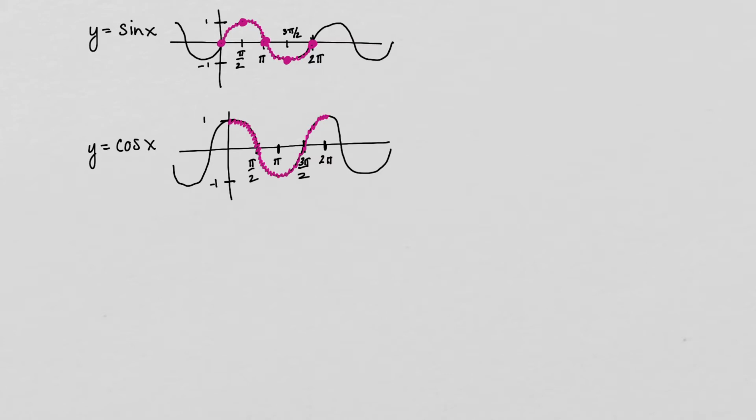So start at the top at 1, go down, go underneath, come back up, go back up to 1. And the cosine graph has 5 points as well. 1, 2, 3, 4, 5.